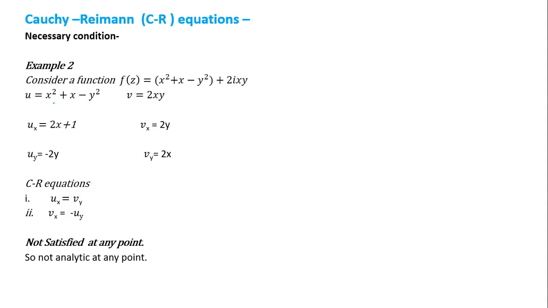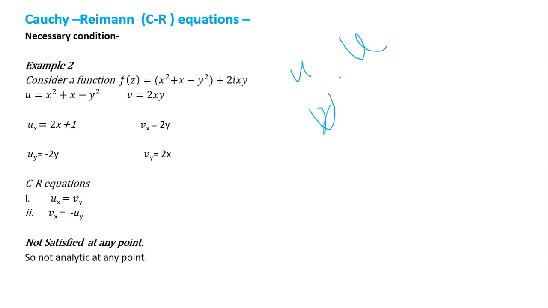Now consider one more function. Let's calculate u, the real part, and v, the imaginary part. ux is 2x plus 1, and the differentiation of the constant with respect to x is 0. Similarly vx equals 2y, vy equals 2x, and uy is 0, so minus of 2y. So the CR equations are not satisfied.